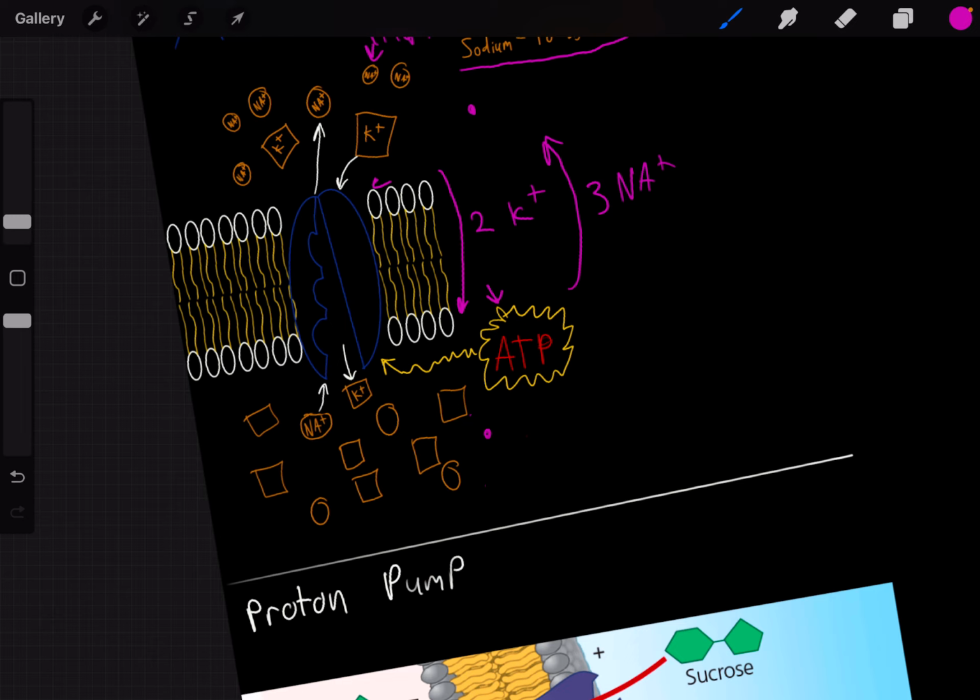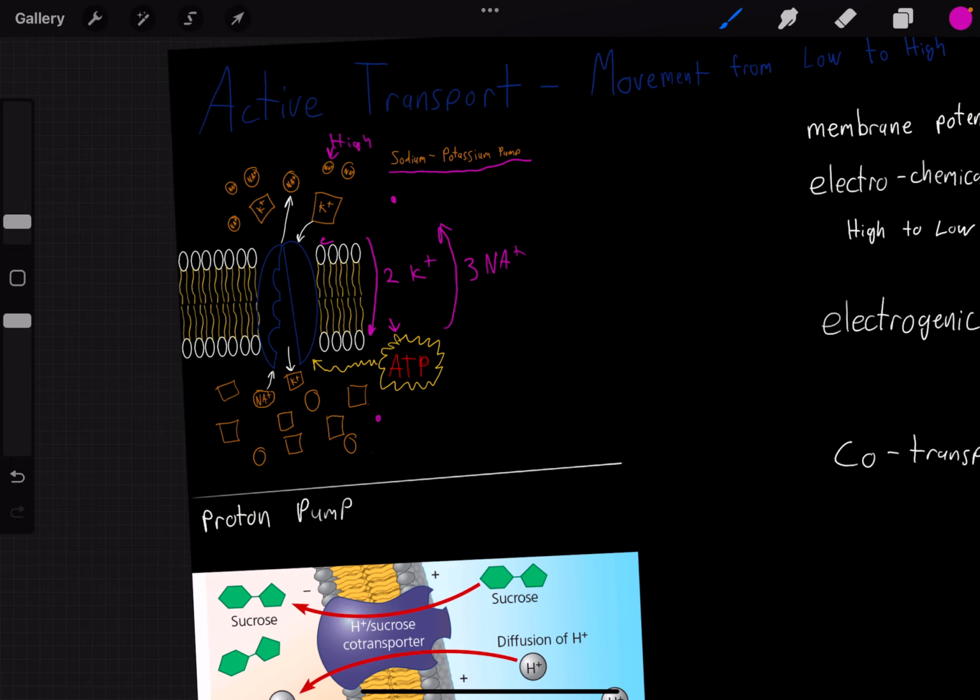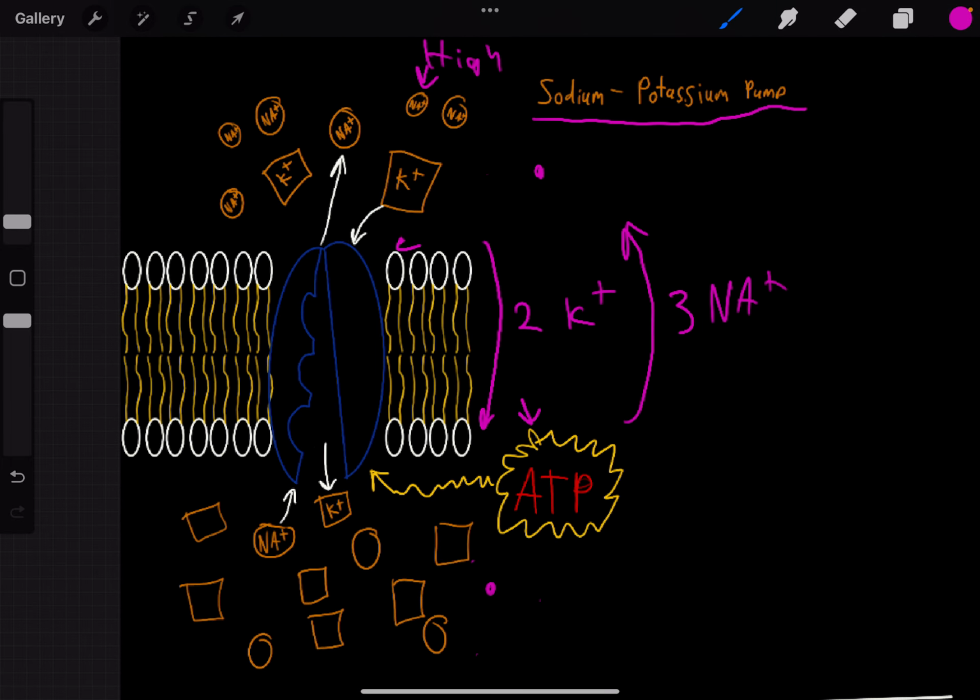So what we're doing here as well, which we'll also talk about a little bit later, is we're creating an electrochemical gradient. This is because we're subtracting 2 on this side, because sodium and potassium are ions, and we're minusing 2 charge from here because remember, we're taking 2 potassiums, which means we're minusing 2 on this side.